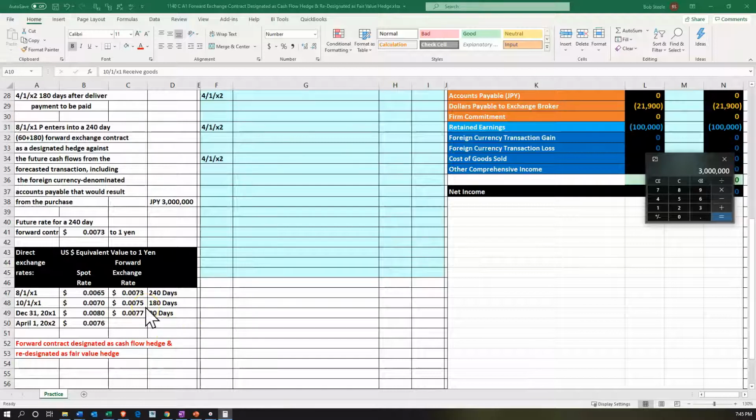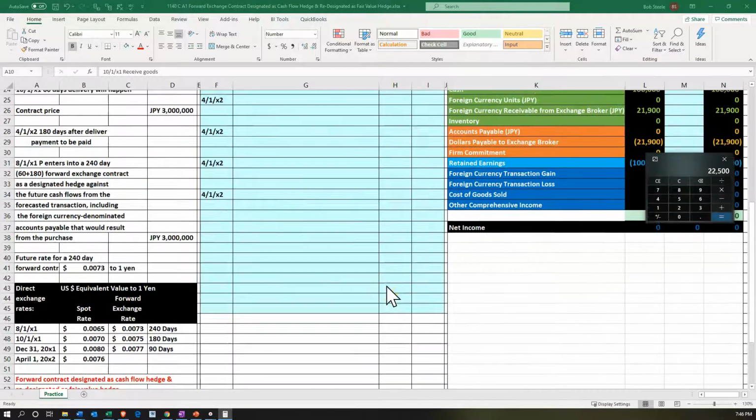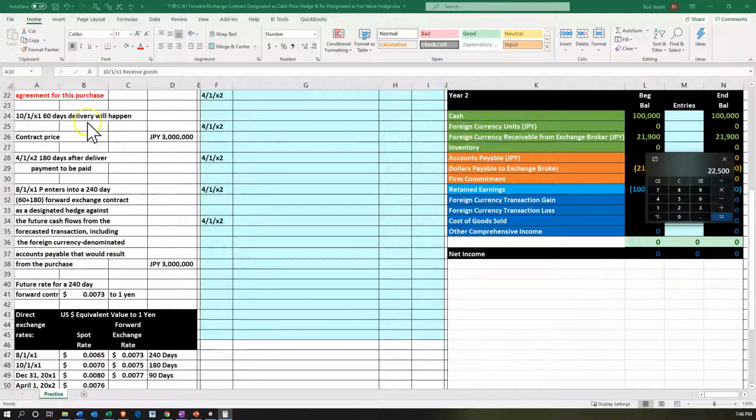We're still pointing to April 1st, but now it's a later time, so we have a different prediction that's 180 days out from the current point. So times 0.0075, that's going to be the 22,500. What's currently in there is the 21,900, so minus the 21.9, that's going to give us a $600 difference.